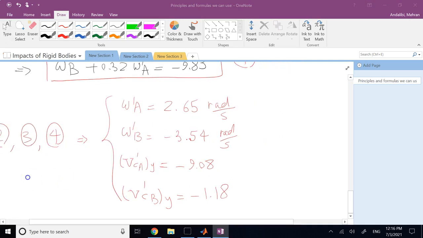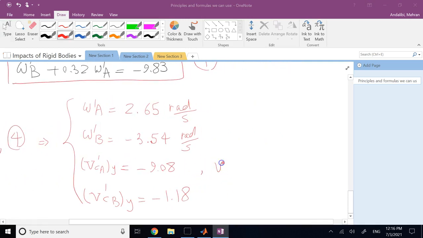Okay, and remember the x components, if I just write them from what we had in the past, the x component for this guy was 28.2, and the x component for the centroid of B was 20. So these are determining the speed of the centroids after impact, and these are the omegas.